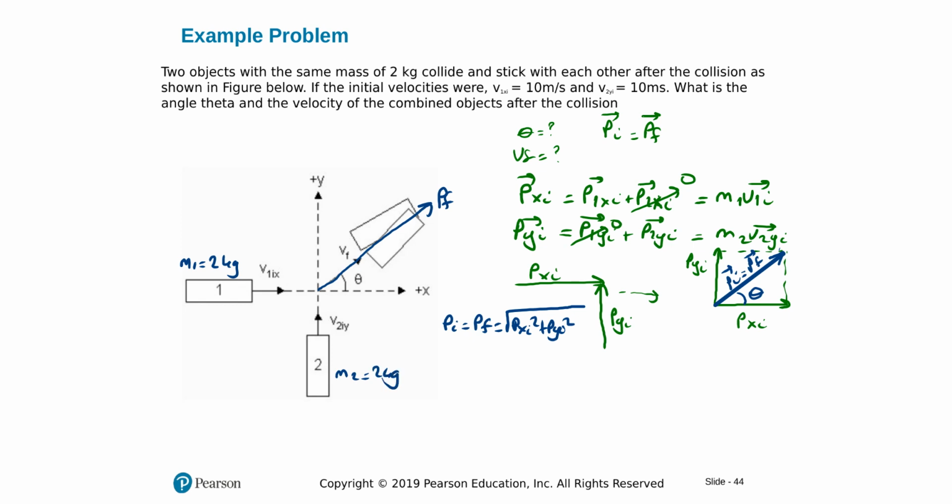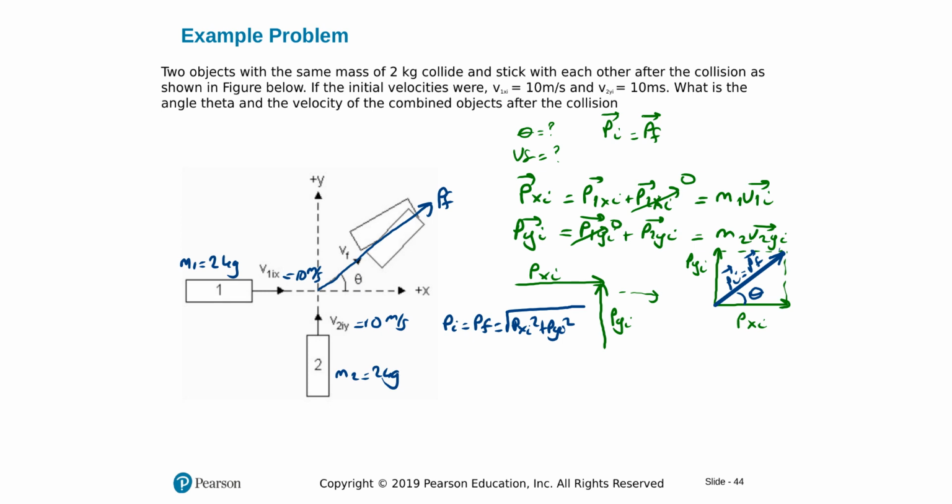Collide and stick with each other after collision as shown in figure down. If the initial velocities were 10 and 10, so both have the same initial velocity, this is pretty easy then. And same velocity here. What is the angle theta and the velocity of combined objects after the collision?